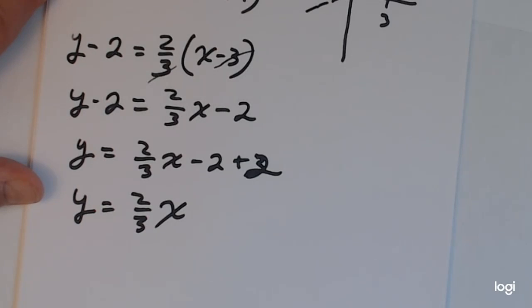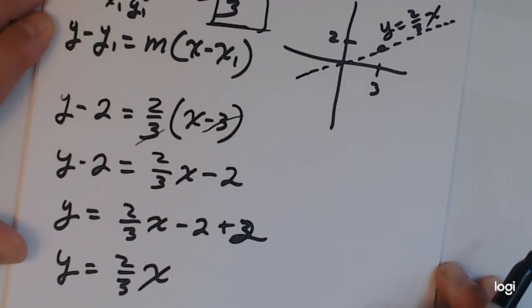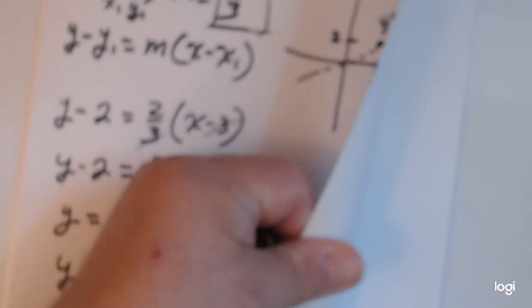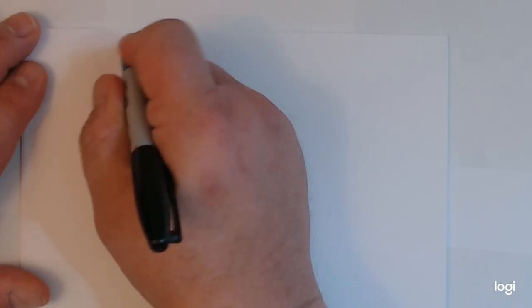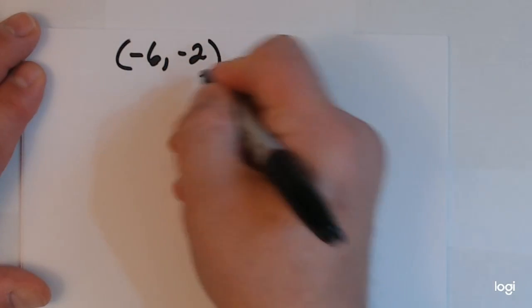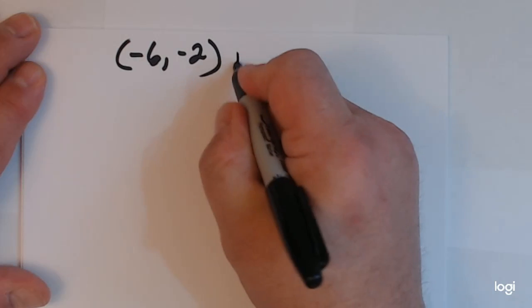Okay, let's take a look at another example. So, how about (-6, -2), and the slope equal to 2?